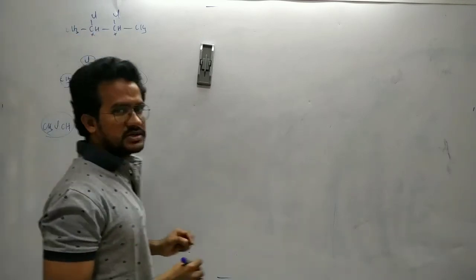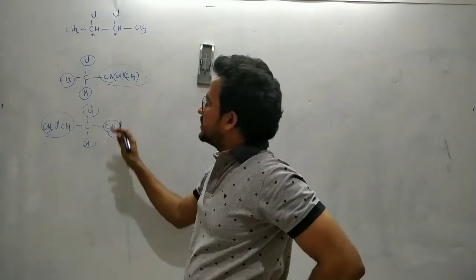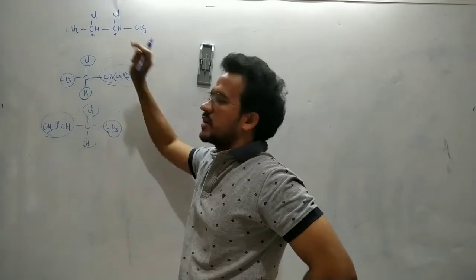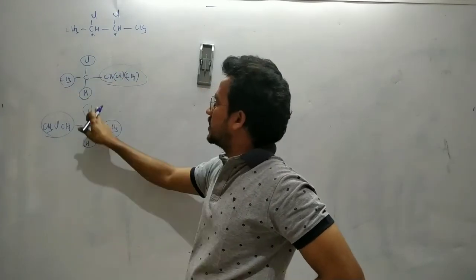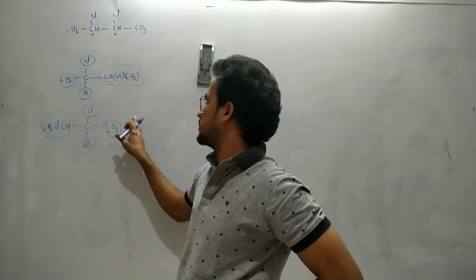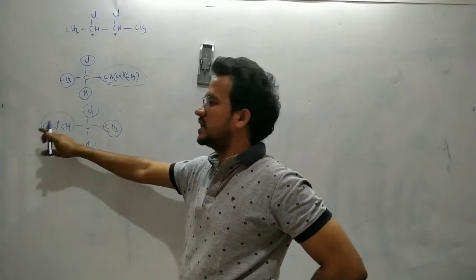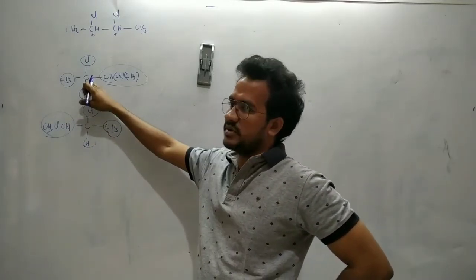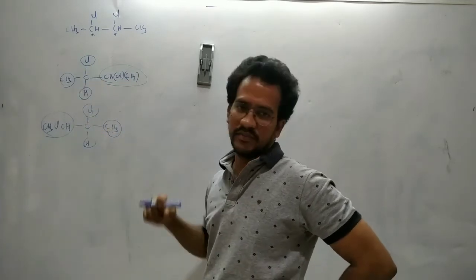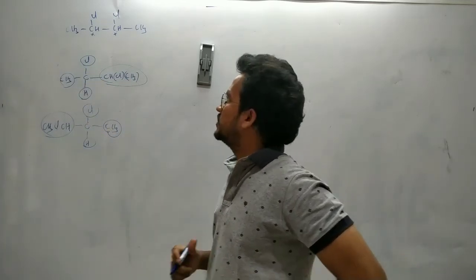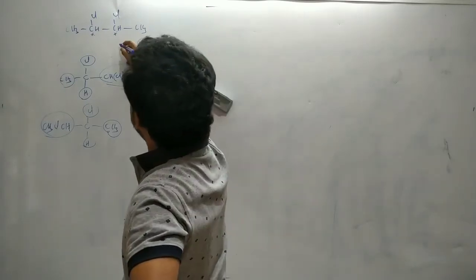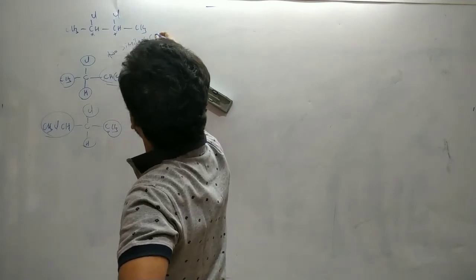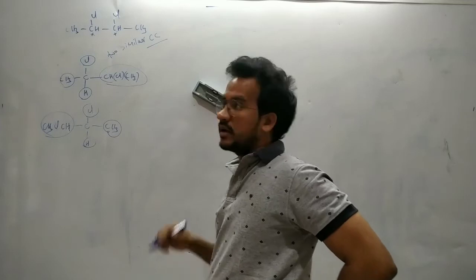But the point is that the groups attached to this carbon are the same groups attached to the other carbon: chlorine, hydrogen, methyl, CHClCH3. So these two chiral carbons are similar chiral carbons. This compound contains two similar chiral carbons.